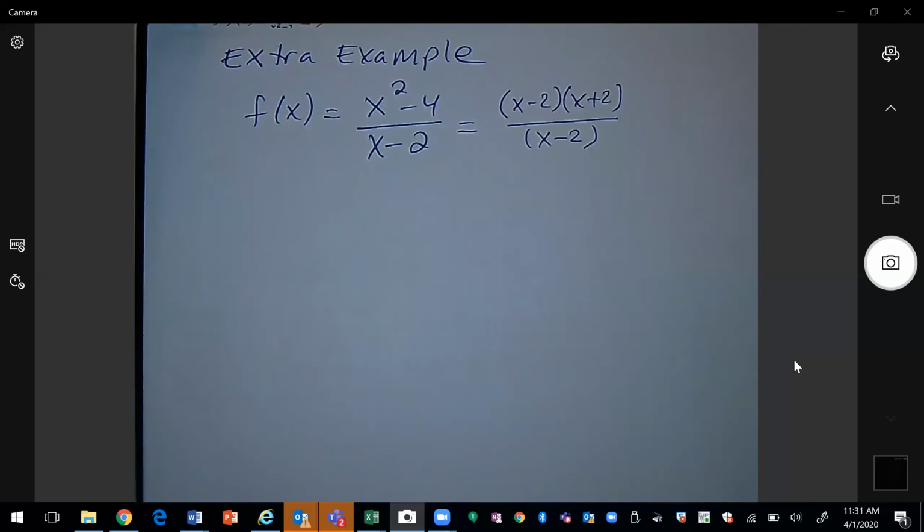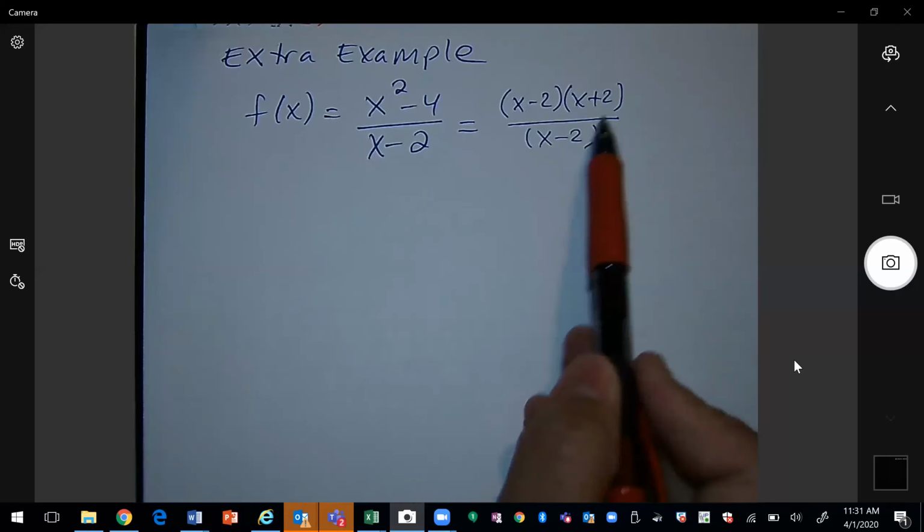And can I cancel out any terms? And if so, what can I cancel out? Anybody want to share what they think? I have no idea. So which ones are common?